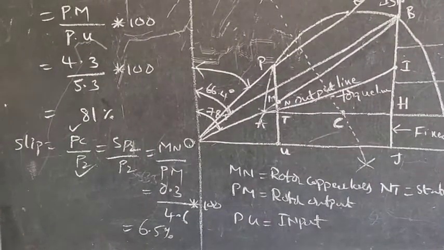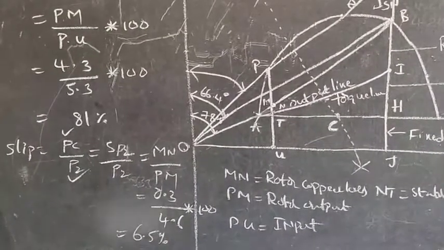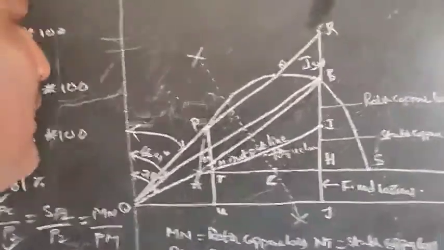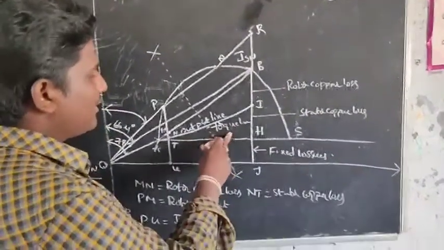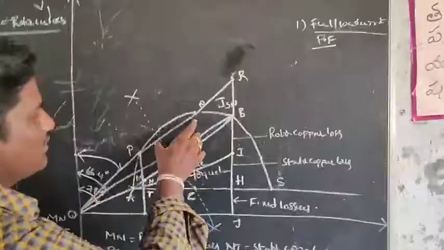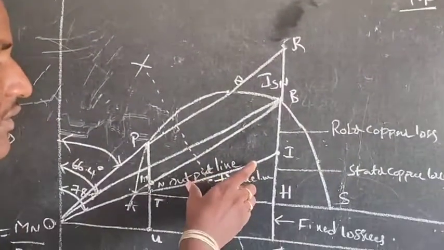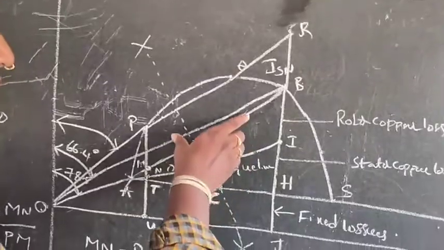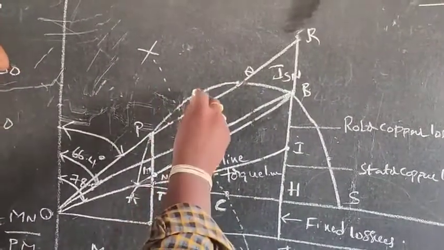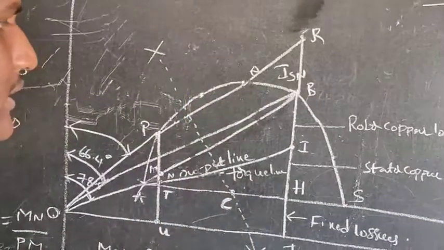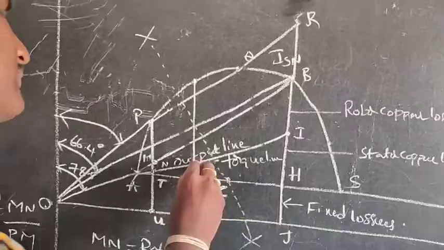Next, what are they asking? Calculate the maximum torque. For that, draw a line parallel to the torque line and tangent to the circle. By using set squares, draw a parallel line that touches the point, and draw from that point to the torque line.